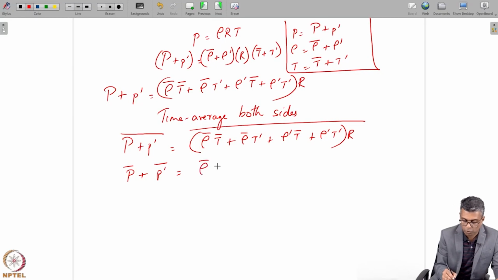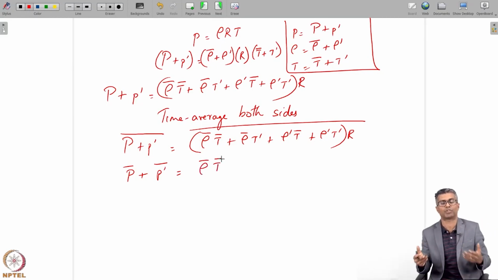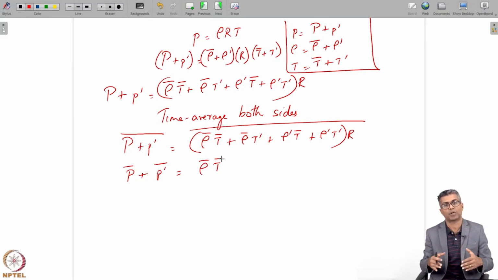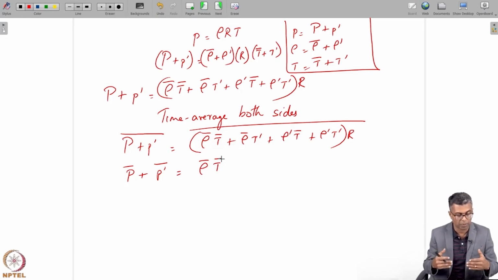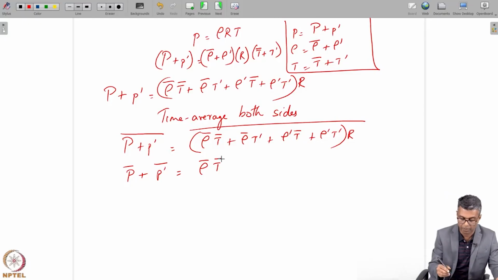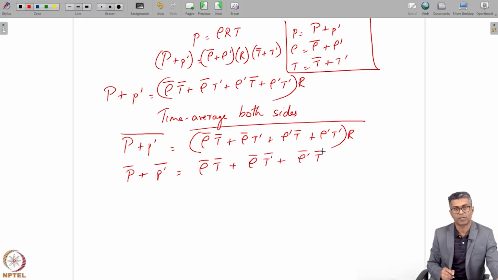So that just becomes rho bar T bar, because you cannot take a time average twice. Even if you take a time average twice, you get the same thing. So rho bar T bar average just becomes rho bar T bar. And then I'll have rho bar, now that comes out because that is already an average, T prime bar plus rho prime bar T bar, isn't it?